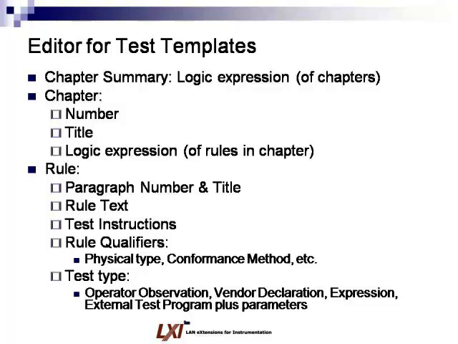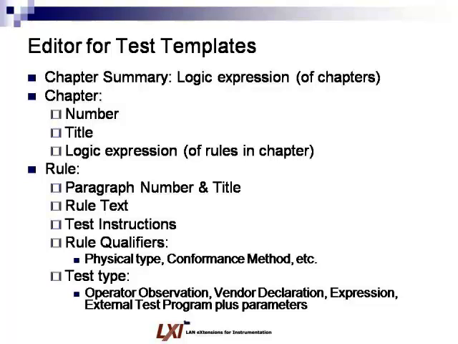Then for each rule, there's a paragraph number and title. There's the text of the rule, or however we want to describe it. Normally I use the text of the rule because it's really convenient. There's test instructions. There's some rule qualifiers like LXI class, physical type, conformance method, etc., that were based on what was in the standard when the sequencer was first put together.